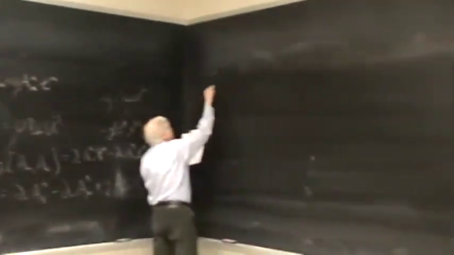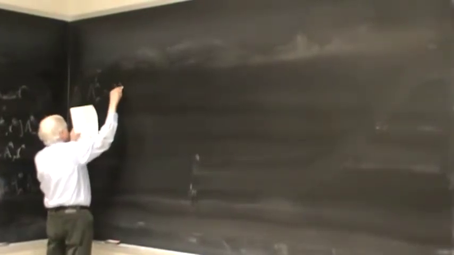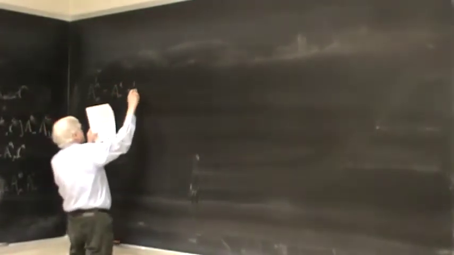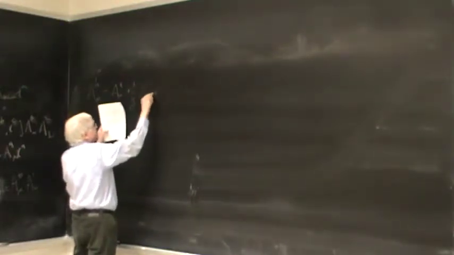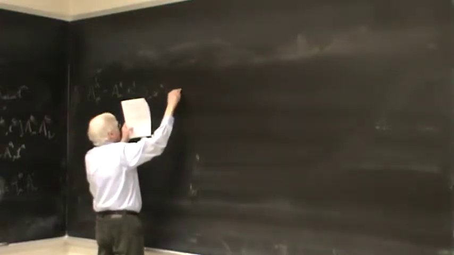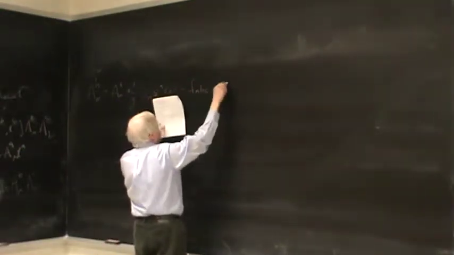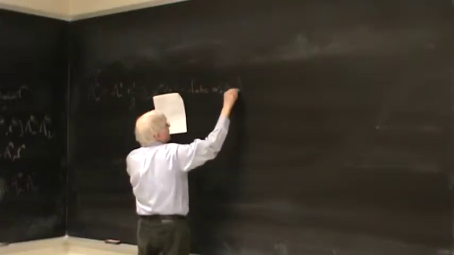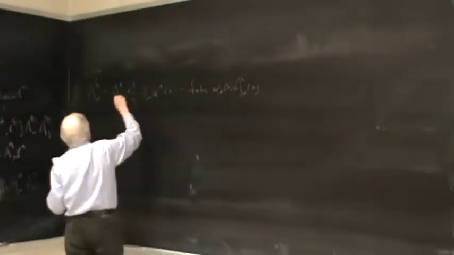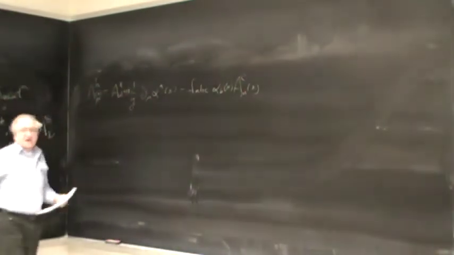Then you have A prime mu^a is A mu^a plus 1 over g, this is Schwarz's notation, d mu alpha^a minus f^abc alpha^b A^c mu, and of course the A's are at x also, everything's at x.